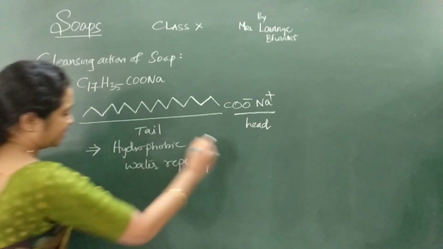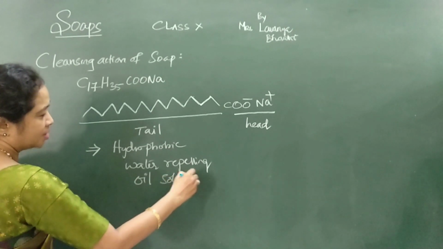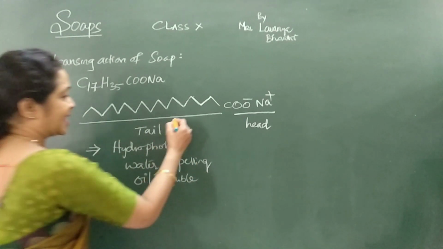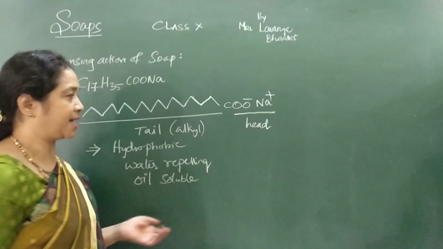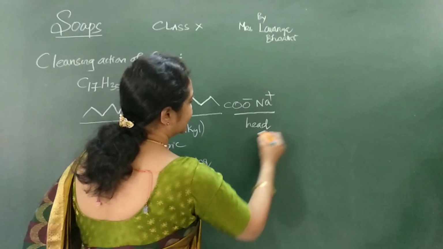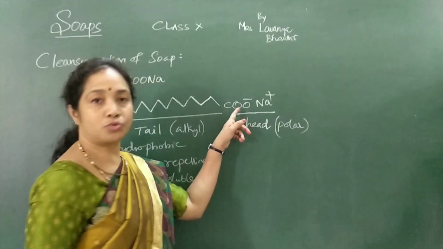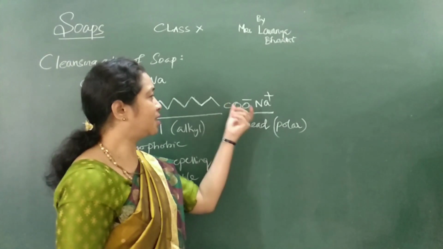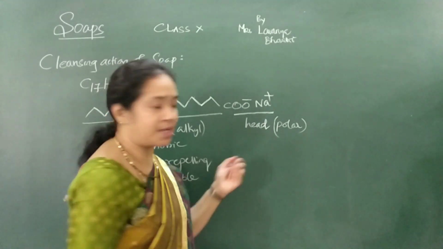It is water repelling, but it is oil soluble. So remember that. This is an alkyl part, or you can also call it an organic part. Coming to the head, this head part is a polar part wherein you can see two charges. Whenever the species consists of certain charges, that species is soluble in water.